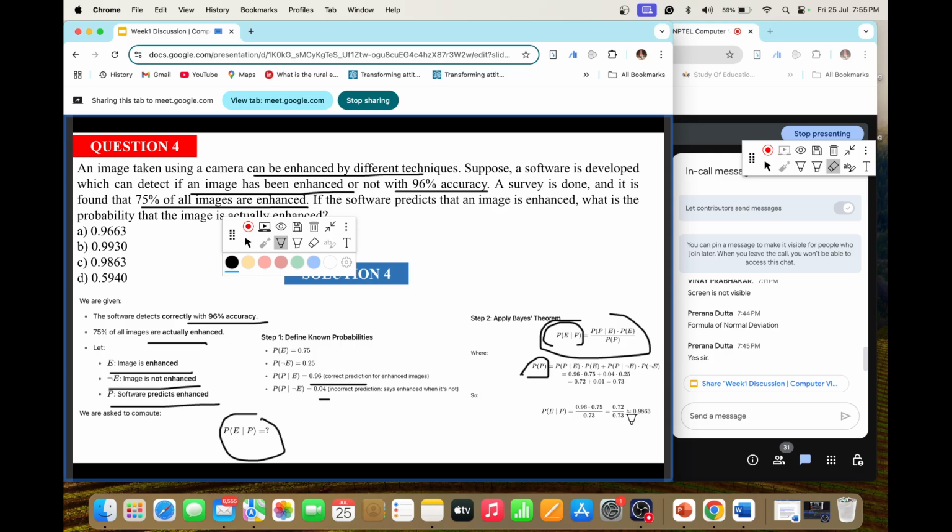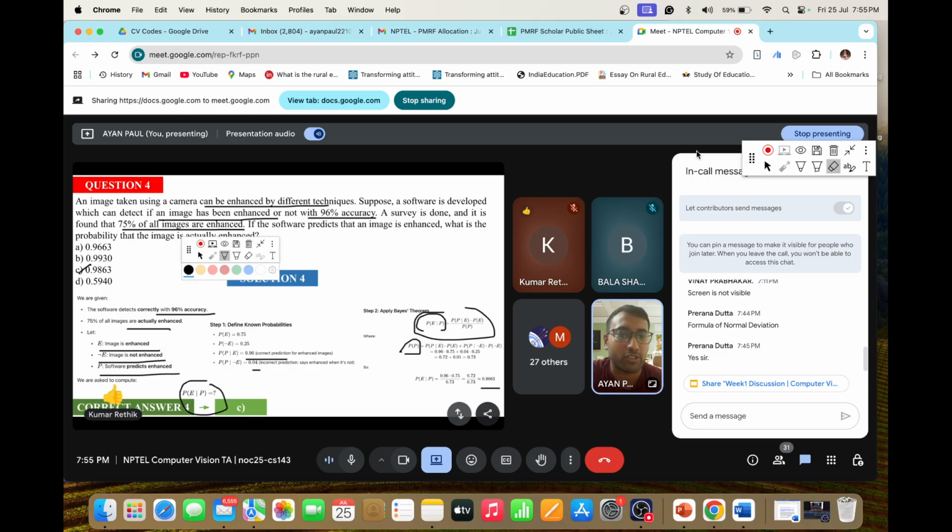So approximately it is coming 0.9863, that is option C is your answer. Again it is a typical question of Bayesian classification or Bayes theorem. So is it clear to all of you? Similar kind of questions. Bayes theorem is very important, so you just need to understand it.